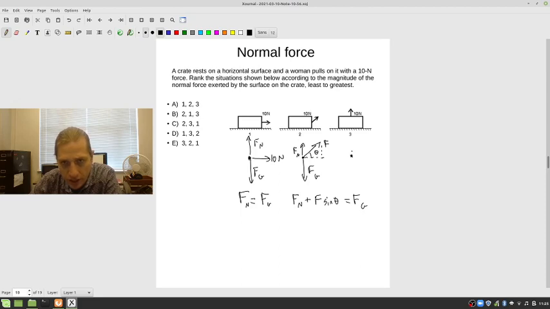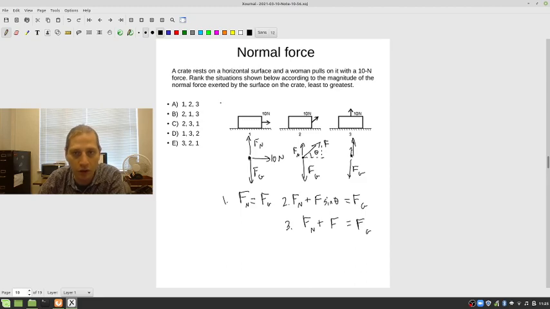In this third case, Fn is going to be even smaller because F is pulling all the way up in the same direction as Fn, and Fg is now down. So in this case, Fn plus F equals Fg.